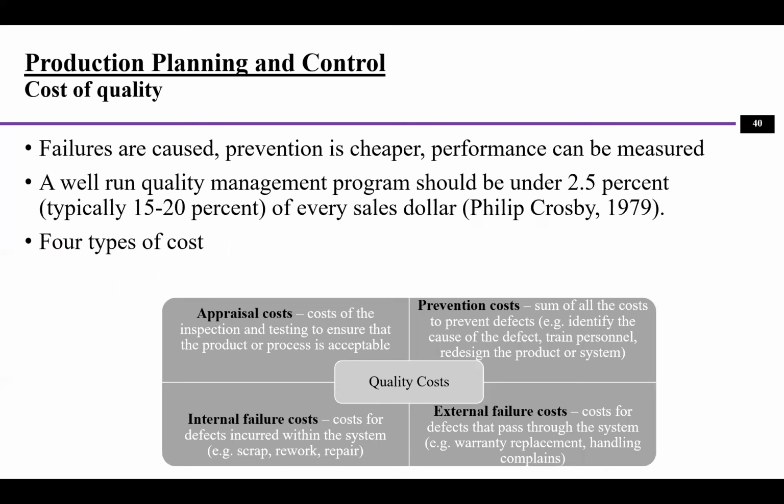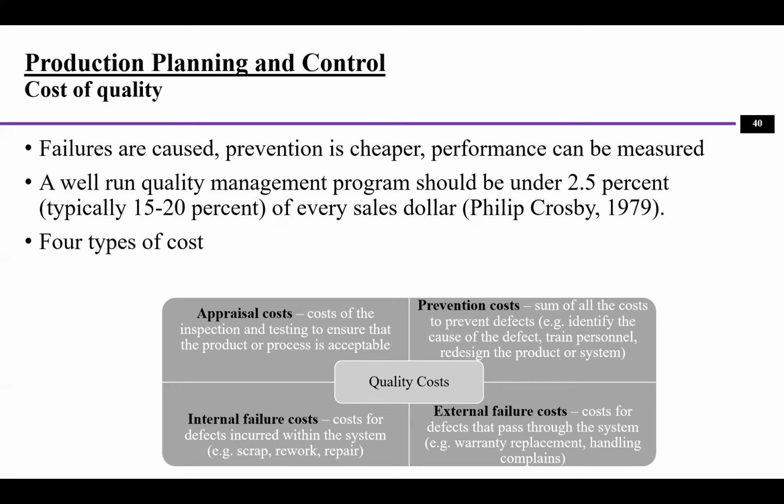One is appraisal cost, the cost for inspection and testing to ensure the product or the process is acceptable. So quality control is really not just the last process to check if the product is doing well. It's actually embedded in every process on the shop floor, right?